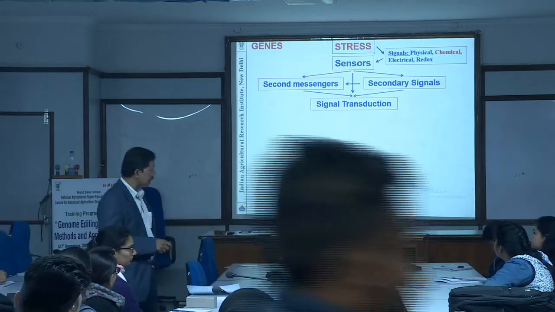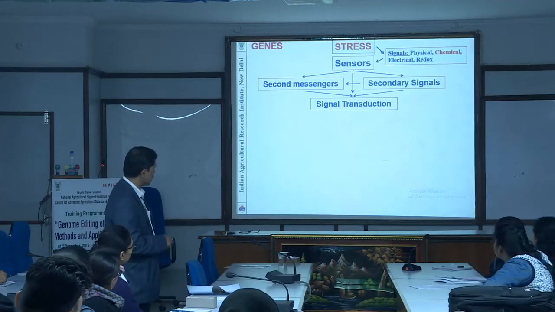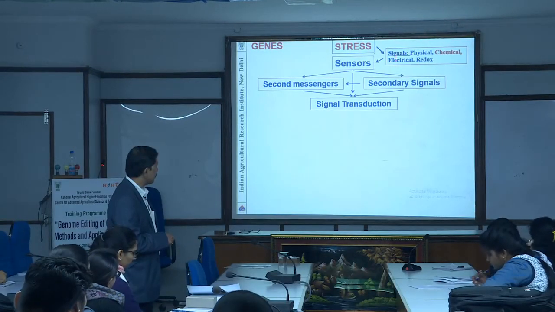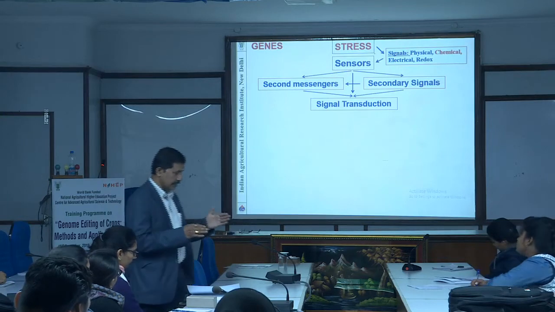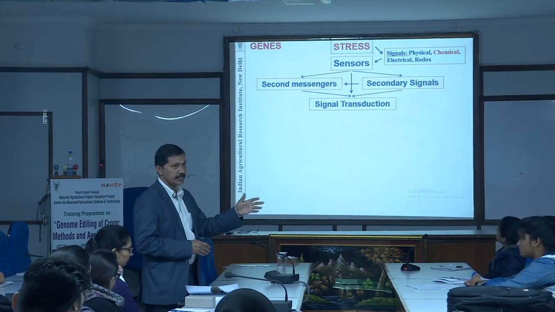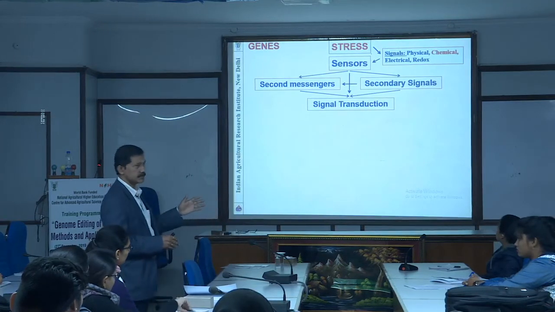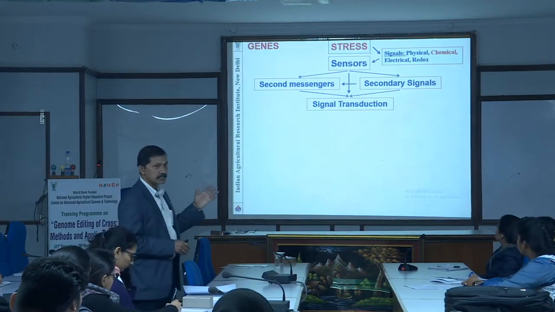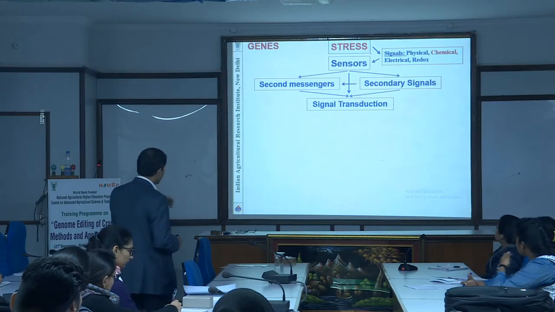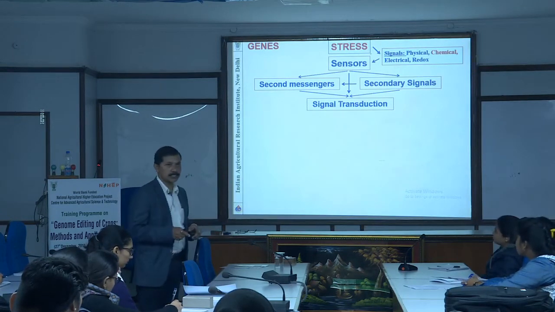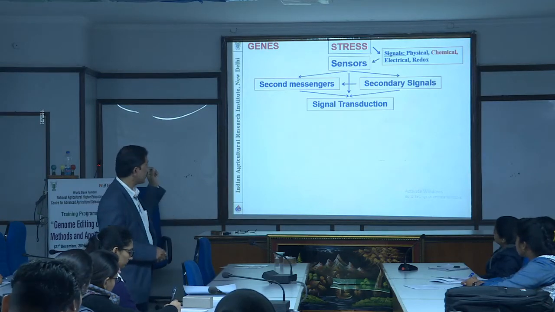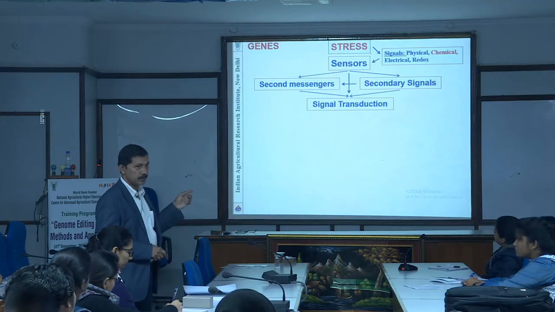Electrical signal is produced in all kinds of stresses. What is an electrical signal? The membrane potential is often around minus 150 millivolts. Any stress that affects the master enzyme, what we call the proton ATPase, which is present on the plasma membrane, if it affects the ATPase activity, it is going to alter the membrane potential.